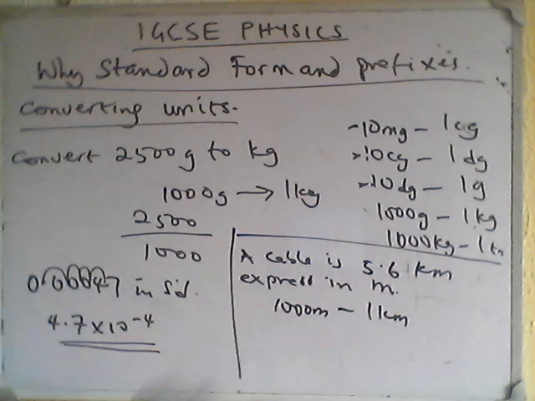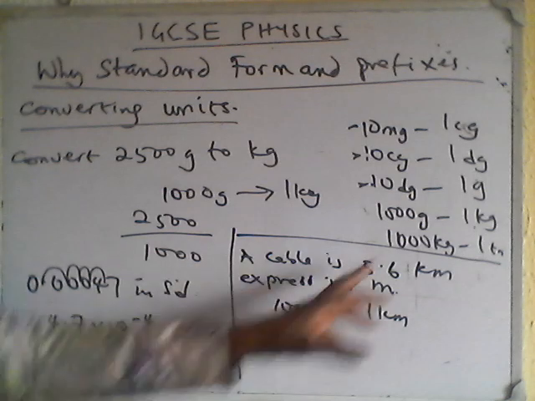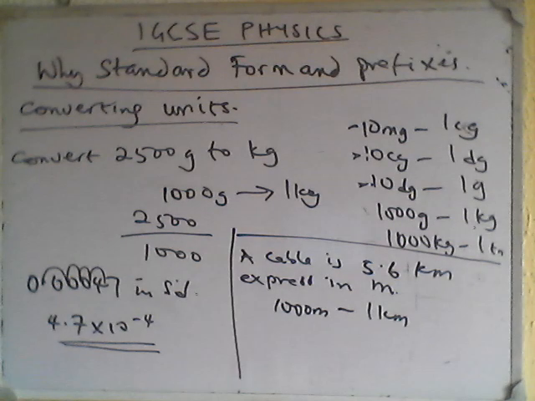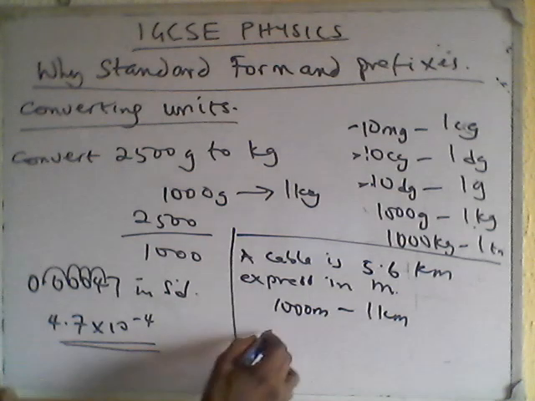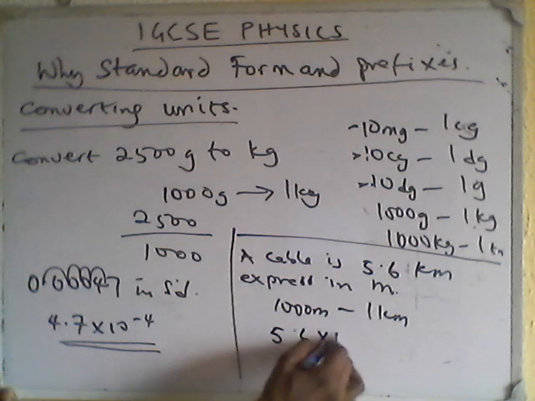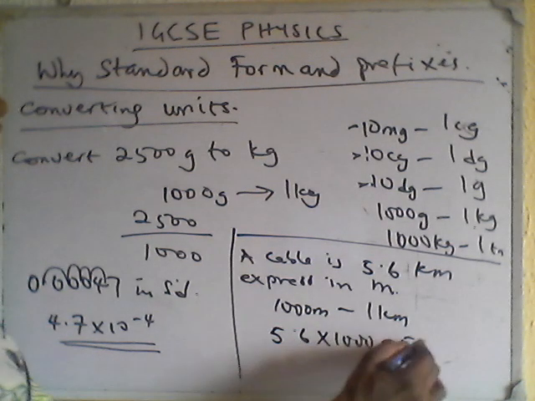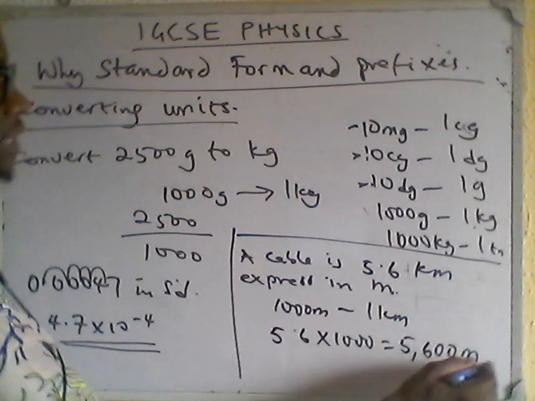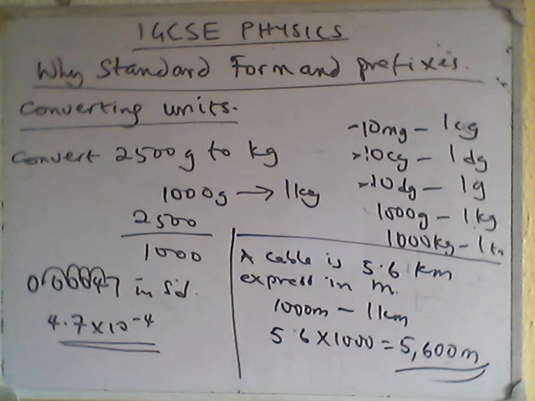So to express this in meters, I will just multiply this by this. By the time I multiply it, I'll be getting 5.6 times 1,000, which will give us 5,600 meters. So this is how we do it. The kilometer has turned to meter.